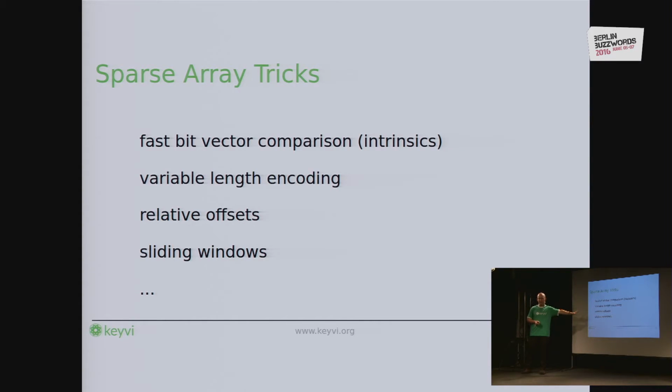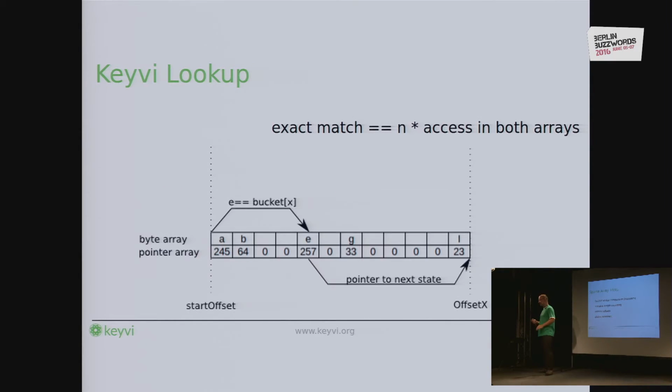We are not using absolute offsets, but relative offsets, so saying something like, okay, go 5 steps left or 5 steps right. When we build the structure, we have to keep the memory requirement low, so we use something like sliding windows, and so on. Okay, now let's look into the lookup itself.